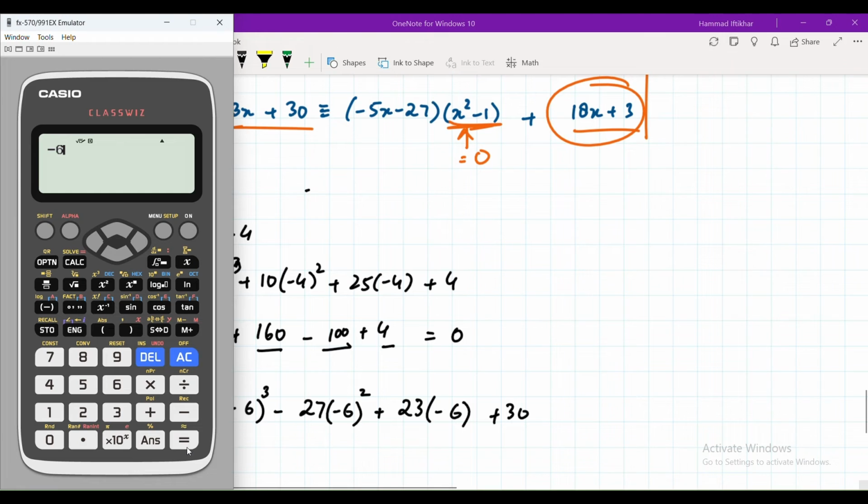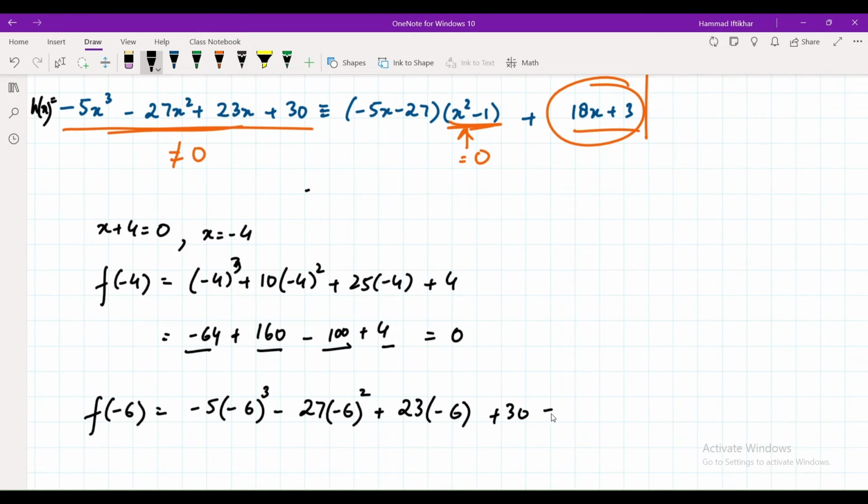So let's store the negative 6 first. And then let's see. So negative 5 times by answer minus 27 times by answer plus 23. Oh, sorry. No. Sorry. The cubed and the squared simple and plus 30. 0. So this is also giving us 0.